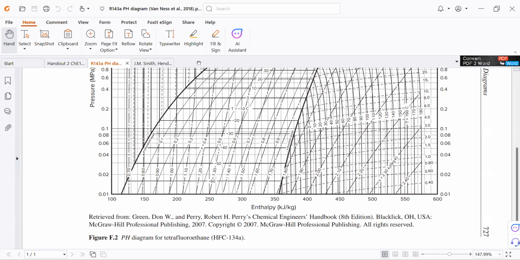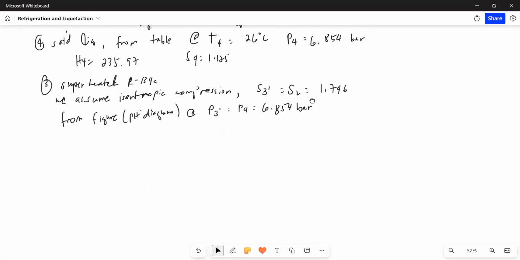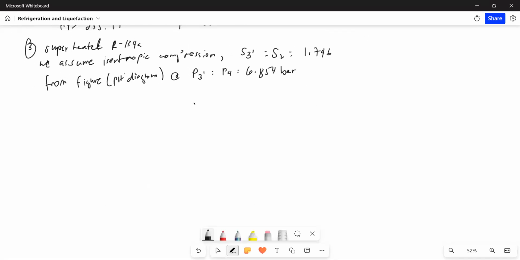And you will find that the enthalpy H3 prime is about 421.97. This value is more exact because it was taken from another table.